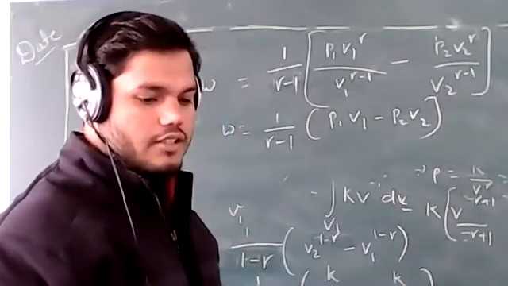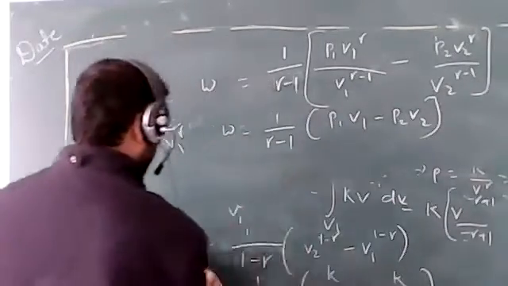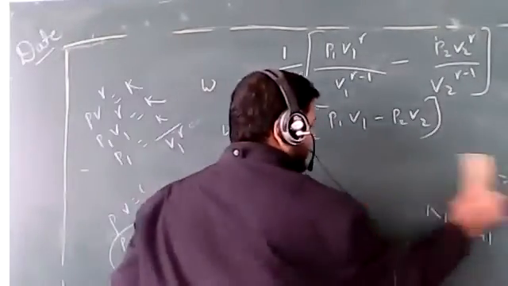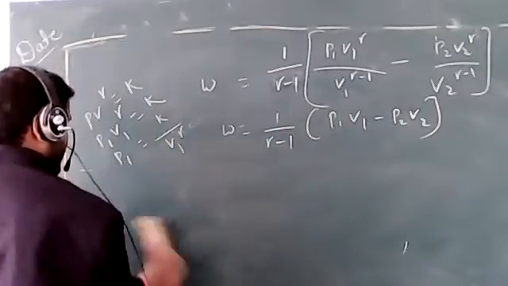If you just write down this particular formula, this is one type of formula, and another formula you can also derive from this particular equation. What is the next formula?